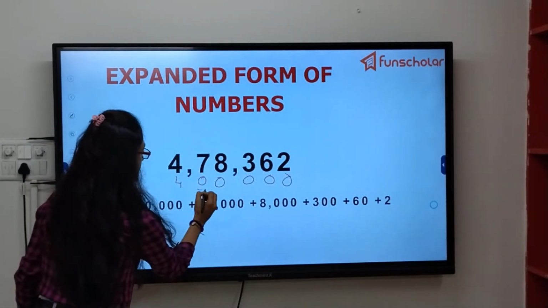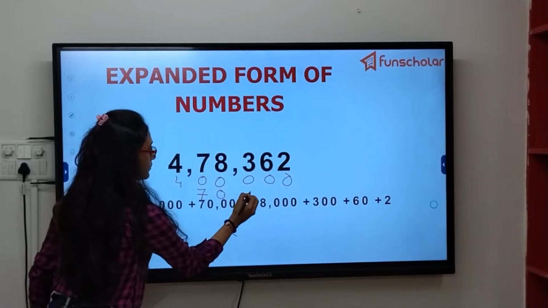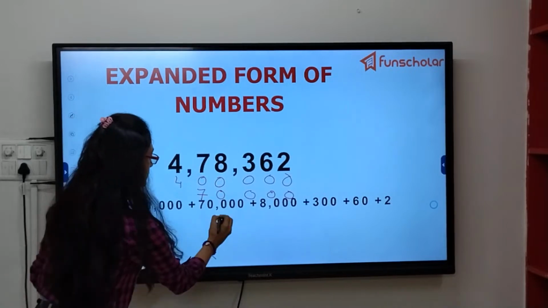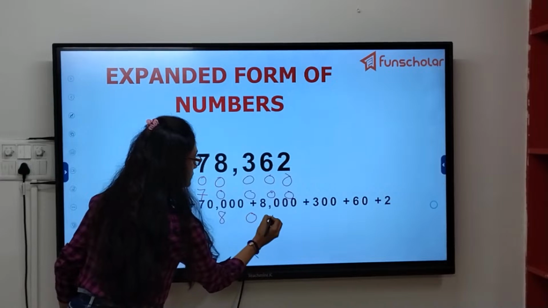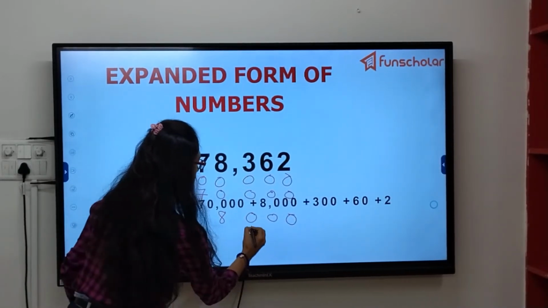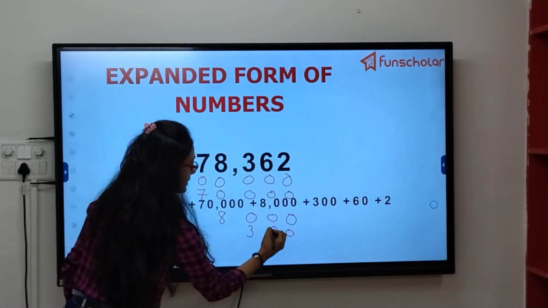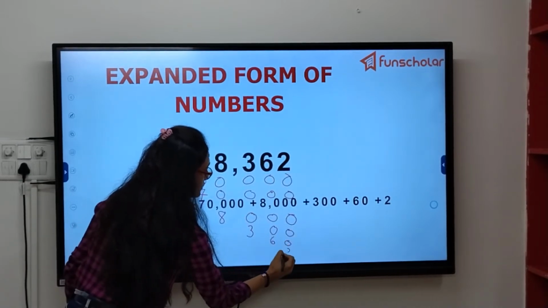Now bring 7 and again you put zeros. Now is 8. You put 8 and fill with zeros. Then it is written 3. Just bring 3 down and 0, 0. Again 6 down. 0, 0, then 2.